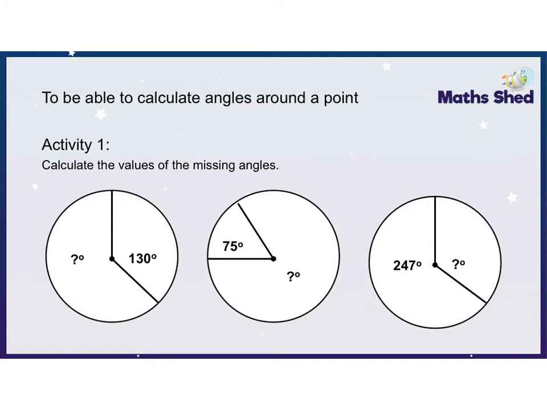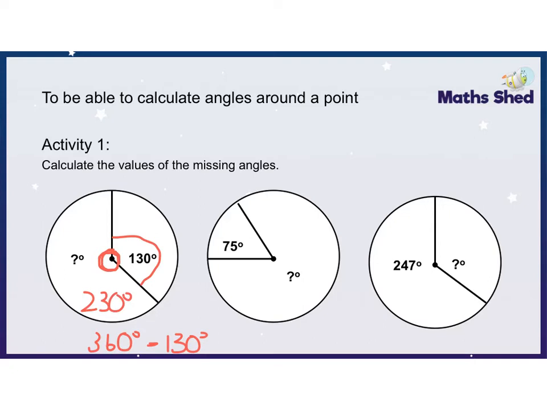Okay, so it asks us to calculate the values of the missing angles. Hopefully we know by now that in a circle or full turn, you have 360 degrees. So if this part of the angle is 130, we're going to have to do 360 take away 130 degrees, and our answer would be 230 degrees.